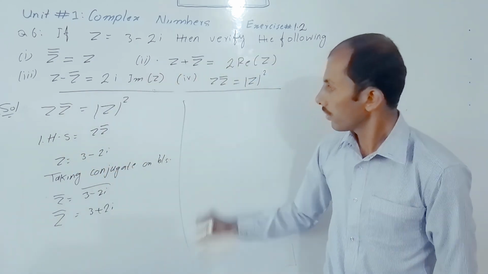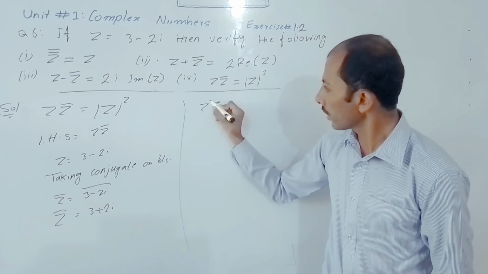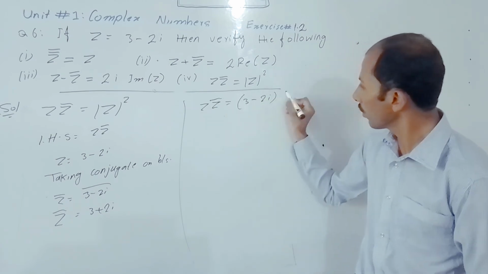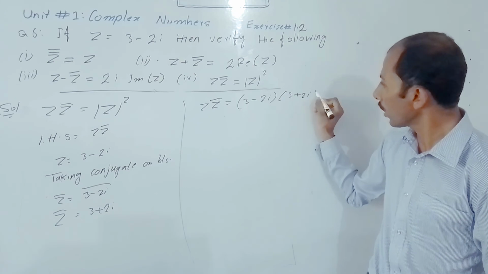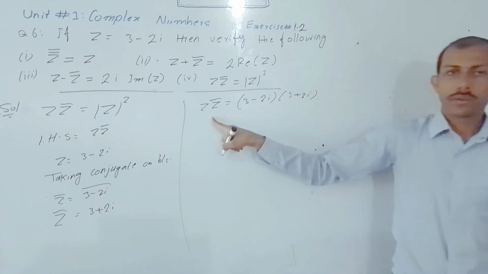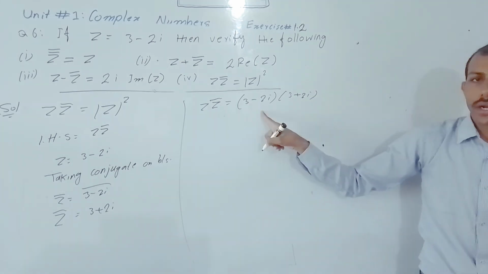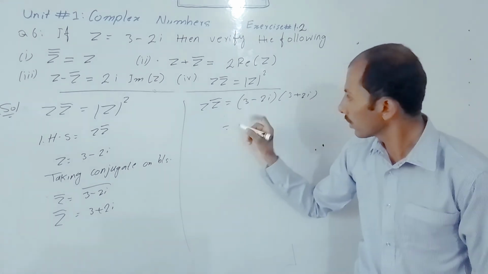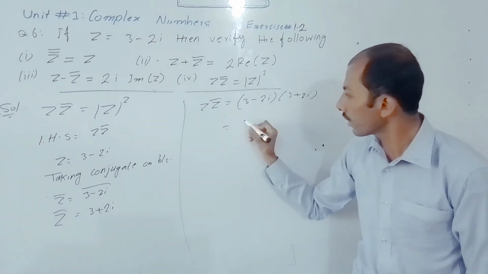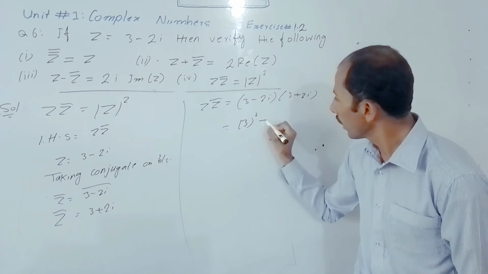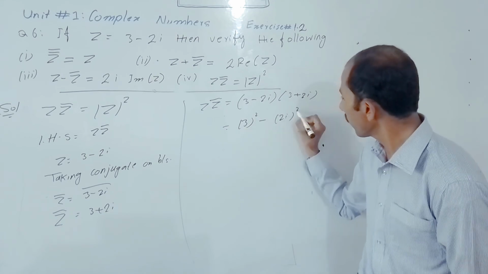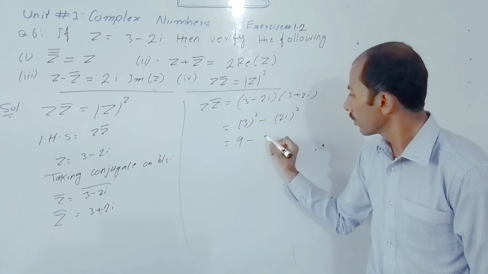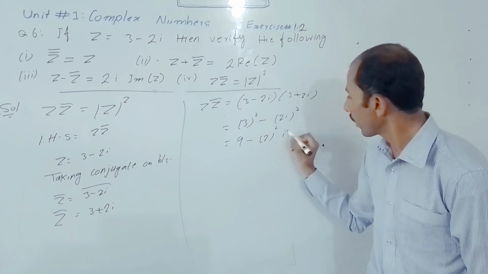So next, z z conjugate is equal to the value of z, 3 minus 2i, into 3 plus 2i. Z is equal to 3 minus 2i and z conjugate is equal to 3 plus 2i. 3 minus 2i times 3 plus 2i can also be written in the form of 3 square minus 2i whole square, which is equal to 9 minus 2 square i square.